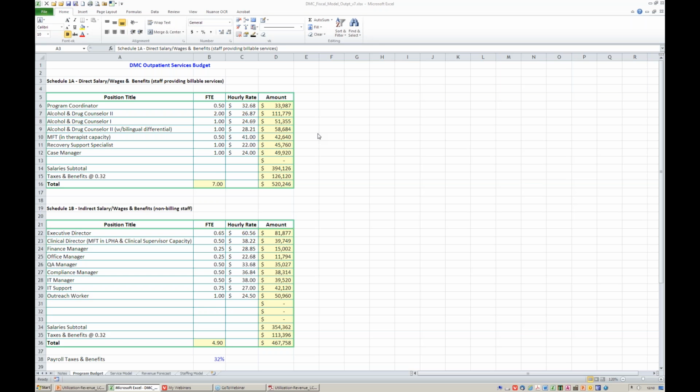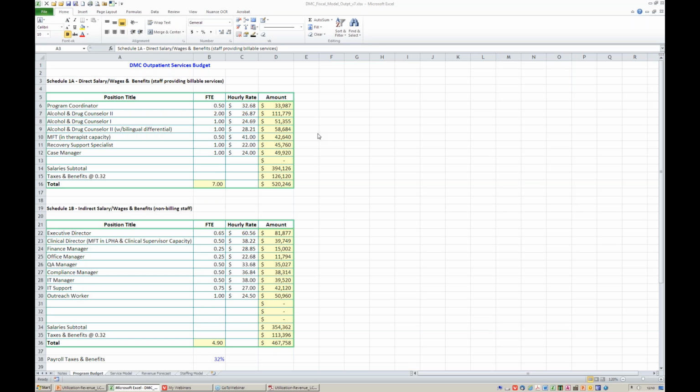And then the other thing that some people get tripped up on is this abbreviation, FTE, which means full-time employee, and then how you allocate, like how could a program coordinator be only 0.5, a half a person, and let people know that it's also allocated below in Schedule 1B in the indirect. But I find that even clarification on that high level is important sometimes.